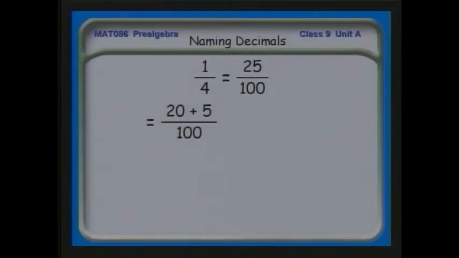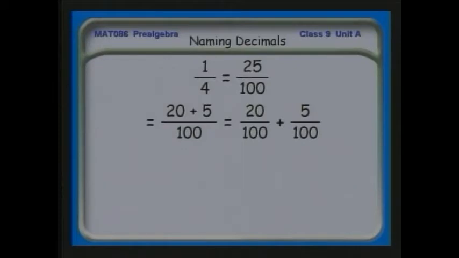I can take 25 100ths and write that as 20 100ths plus 5 100ths. Perfectly legal. Of course, if the 20 plus 5 was in the denominator, I couldn't do that. But since it's up on the top in the numerator, if you remember our previous couple of classes, this is a perfectly legal thing to do.